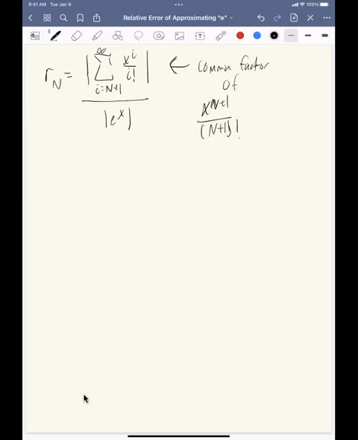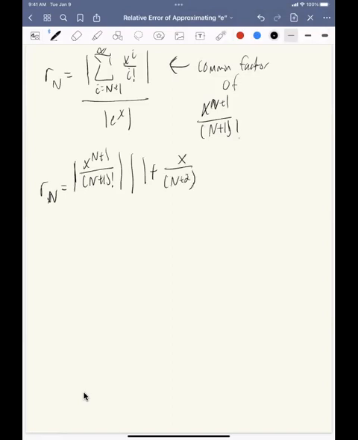And you'll see why this will be helpful in a second. So let's pull out that common factor. It'll still be within the absolute value. x to the n plus 1 over n plus 1 factorial, and then times 1 plus x over n plus 2.